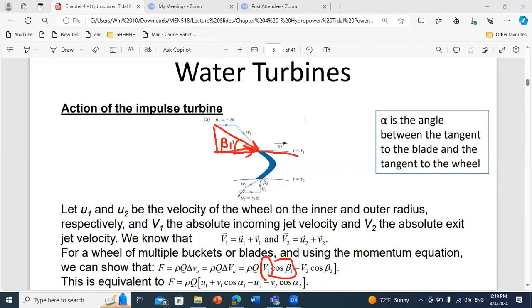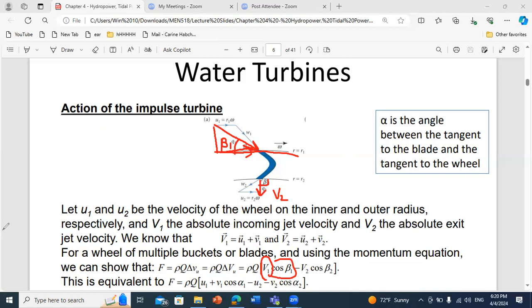At your outlet, the absolute velocity V2 makes an angle of beta 2 with the tangent line. So to project it on the tangent line, we should do minus V2 cosine beta 2.